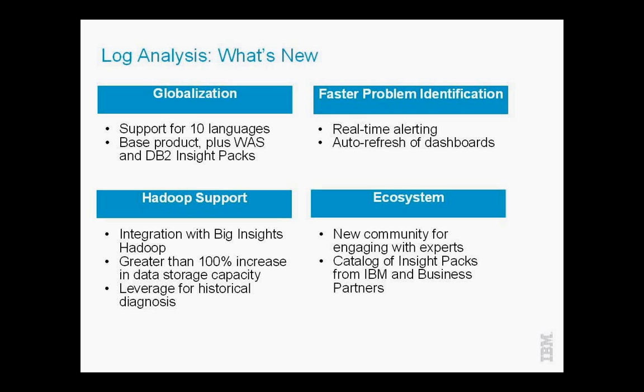But for the third-party domains that we don't necessarily have the expertise to diagnose, we're relying on some of our business partners to provide those extensions. So there's a wide variety of extensions available now. This year will be an exponential increase in the number of extensions available to this offering for domain-specific diagnosis.